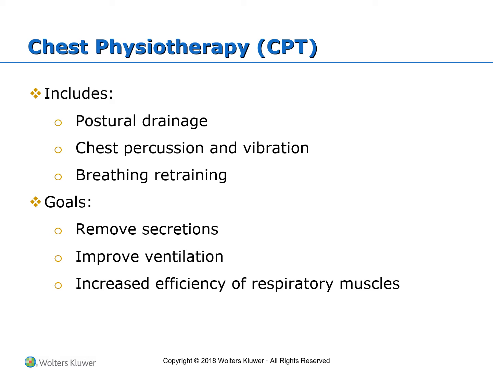Chest percussion is usually done with vibration, so you'll do percussion, vibration, like you alternate. The percussion part is done with cupped hands, and you lightly hit the chest wall in a rhythmic fashion over the lung segment that needs to be drained. You alternate that with vibration. Vibration is done for 3 to 5 minutes in each section of the lobe.